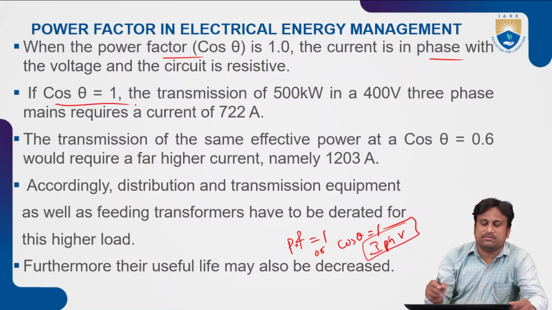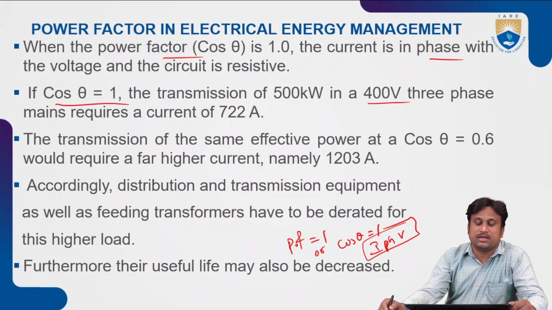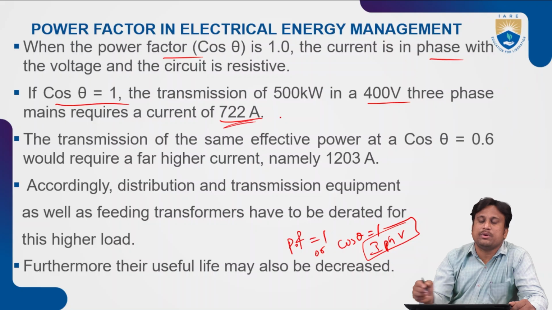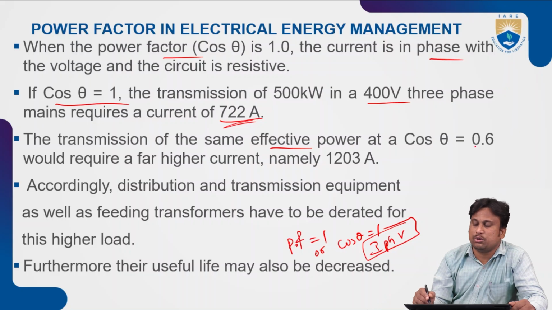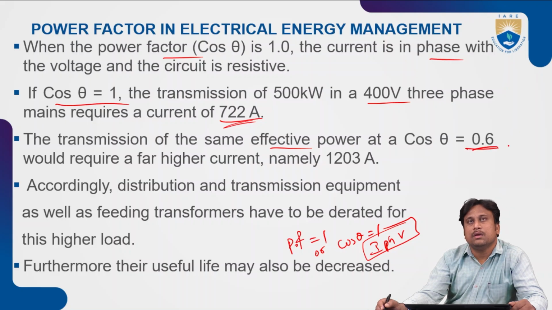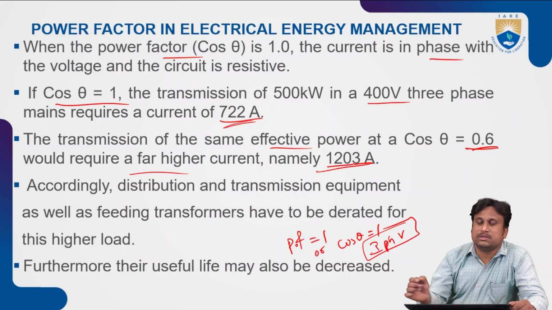If cos theta is 1, a transmission of about 500 kV in a 400 volts 3-phase system requires a current of 722 amps. This is the calculation we usually do. When the same effective power is transmitted at cos theta of 0.6, it requires a higher current, about 12,003 amps.